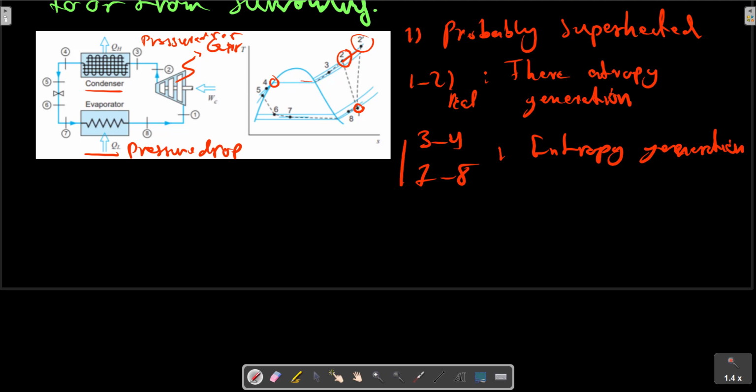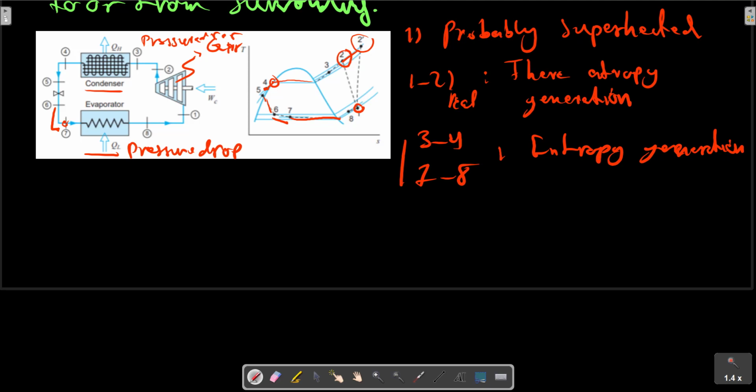There should be a point of saturated liquid, but in real we have a drop in temperature or increase in temperature in the two processes, and also the same situation here, and some drops in the line shown here. The 7 to 8 process is not a constant temperature and isobaric process in real.